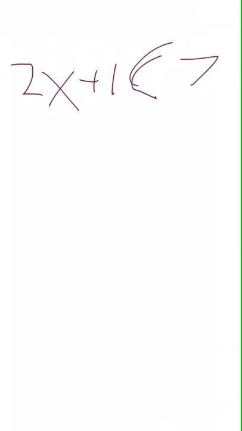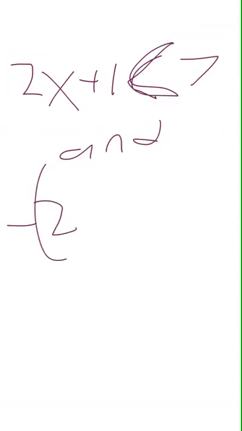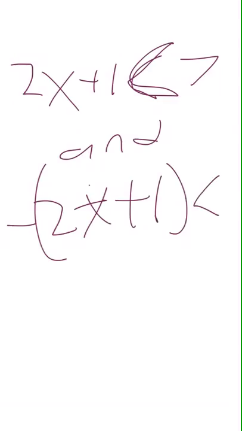You could have done 2x plus 1 is less than 7, and negative (2x plus 1) is less than 7, and solved both of those separately. But I think once you get used to this, it might be a little bit easier, a little bit less work for you.